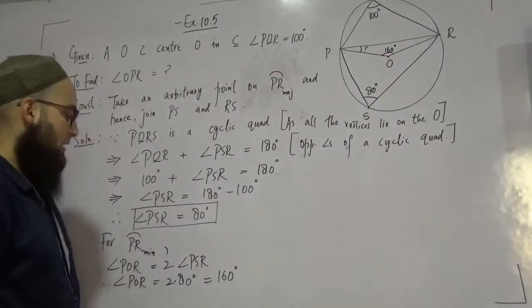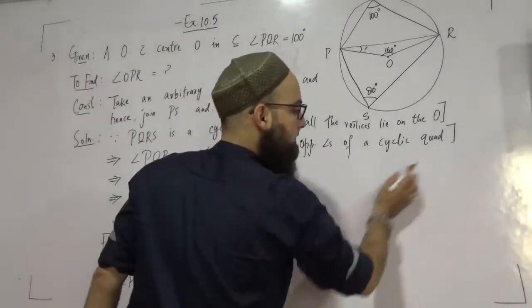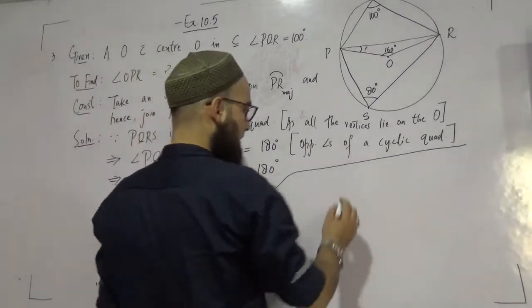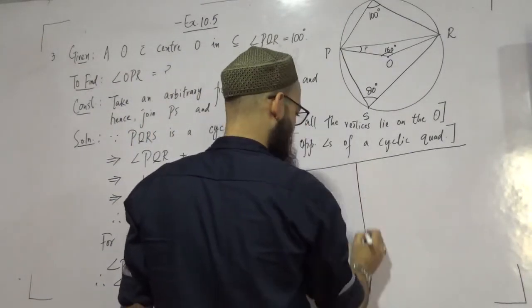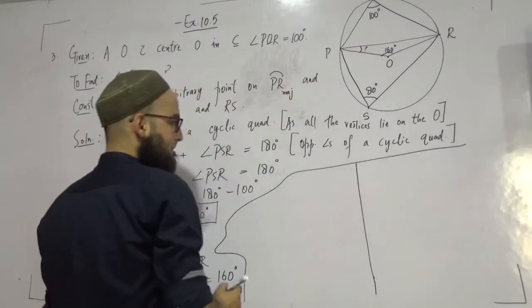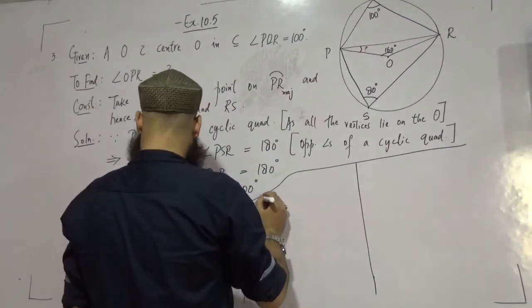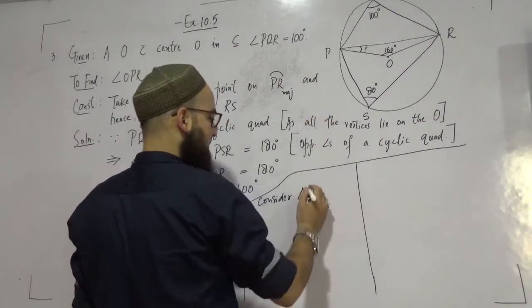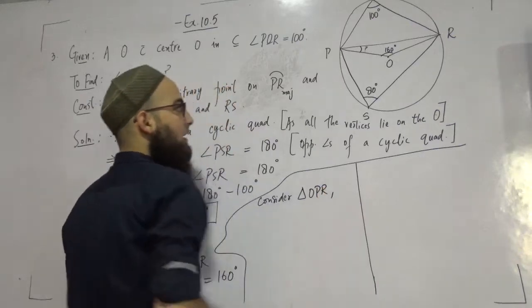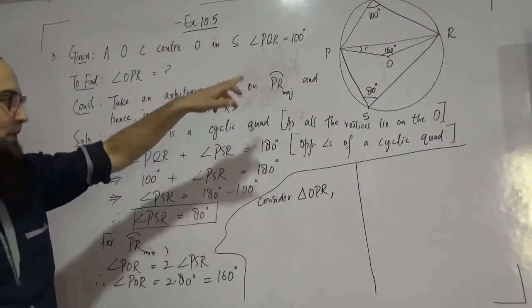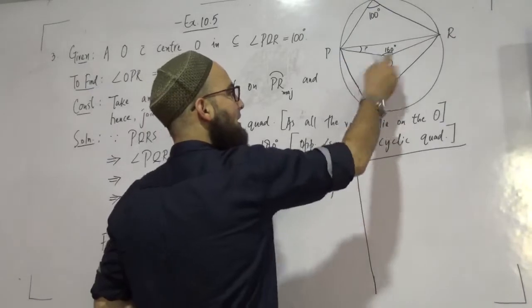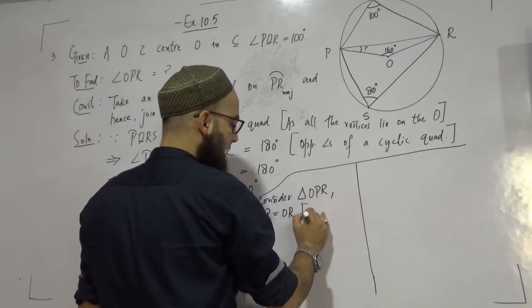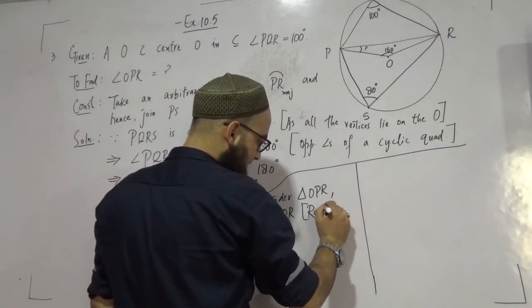You got it? Let's come here. Consider triangle OPR. If you observe carefully, in triangle OPR, OP is equal to OR. Why?